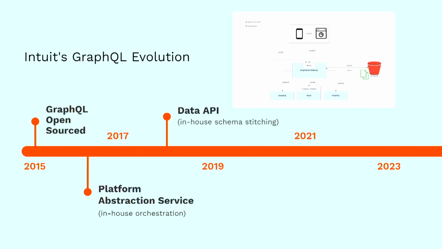So what the other team built is another schema stitching gateway called Data API. This was also popular within the other BU. There were a lot of teams that were using, creating or contributing things to this particular gateway as well.